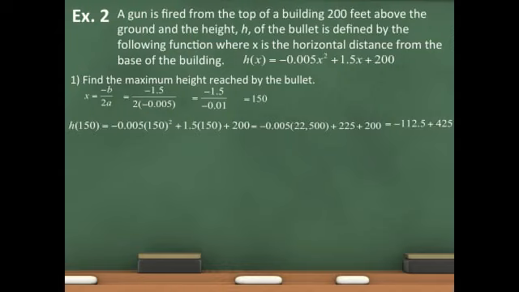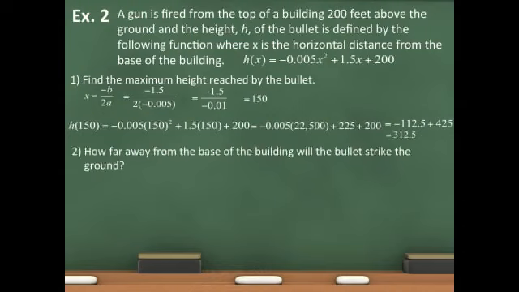So negative 0.005 times 22,500 is negative 112.5, and 225 plus 200 is 425. Negative 112.5 plus 425 will give us 312.5. The bullet reaches a maximum height of 312.5 feet.